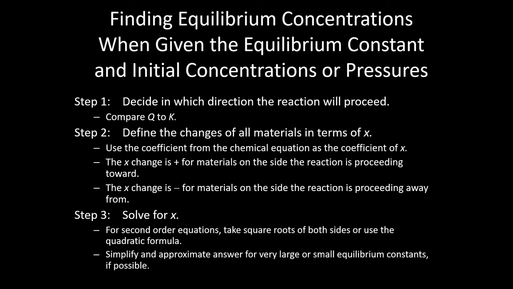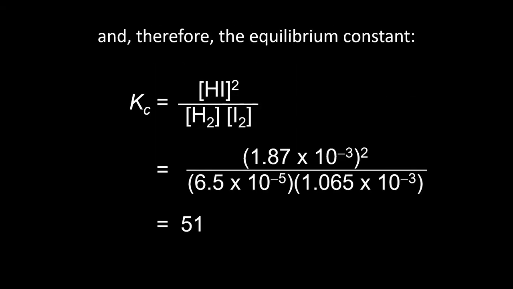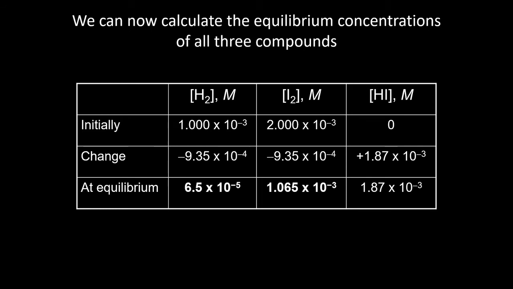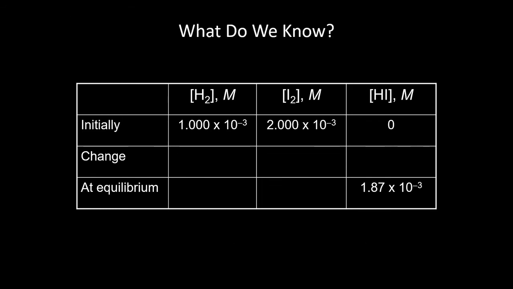Alright, so with that lesson learned, let's talk about the other option that we have when we're looking at equilibrium questions. In the previous video, we talked about working through an equilibrium problem where we were given an equilibrium concentration.